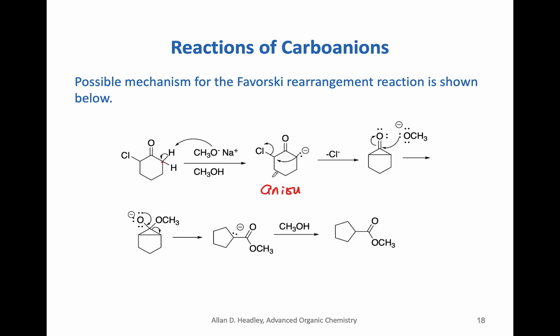As you can see here, it's the anion. With a good leaving group, we have a substitution reaction here to form this. Here's where the ring contraction takes place, because you can see a 5-membered ring right here after this takes place. The OCH3 comes in to this electropositive carbon because it's bonded to a very electronegative oxygen to give this. When these electrons come back in to form the double bond, why do they come back in?